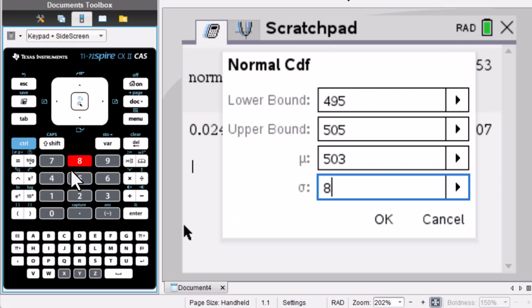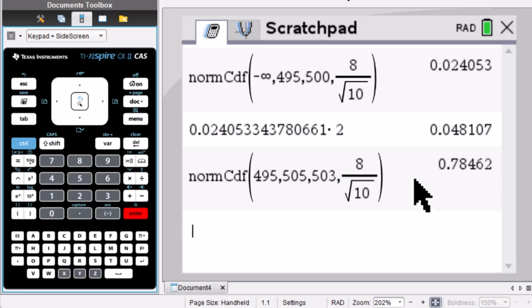Sigma is 8 divided by square root 10. Then enter. Answer is 0.785.